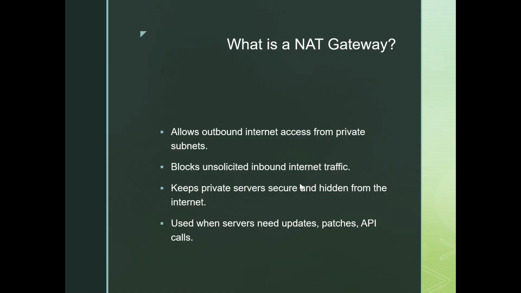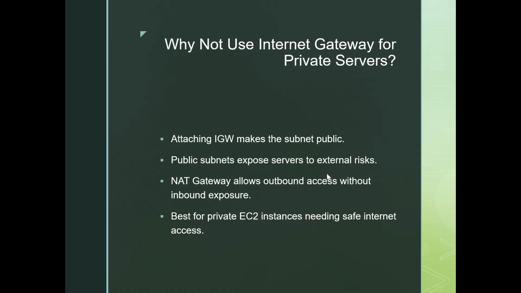Next, used when servers need updates, patches, or API calls. In that condition, we use NAT gateways. Next, why not use an internet gateway for a private server? Attaching an internet gateway makes the subnet public.